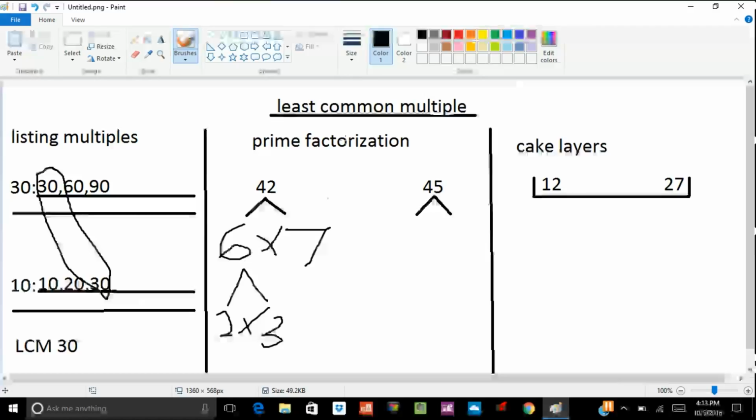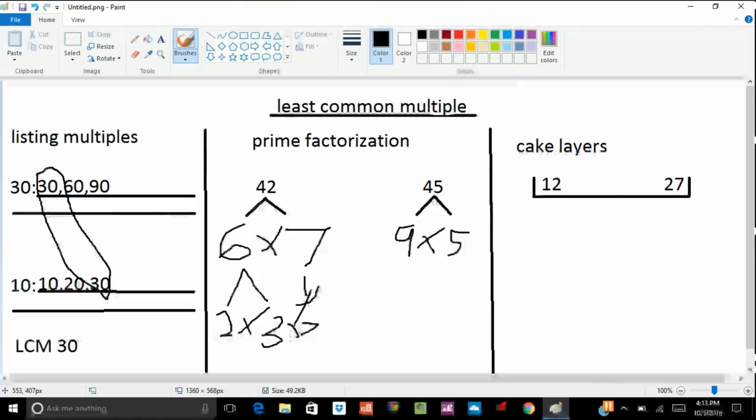Now 45. So there is 9 times 5. 5 is prime.